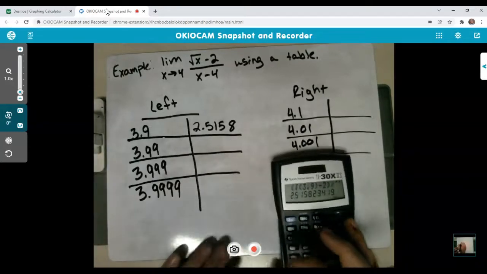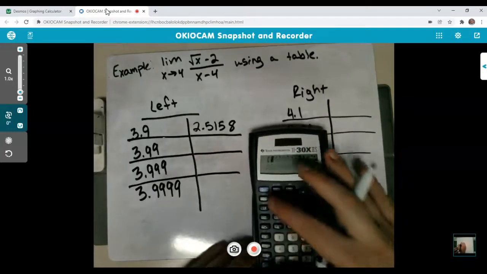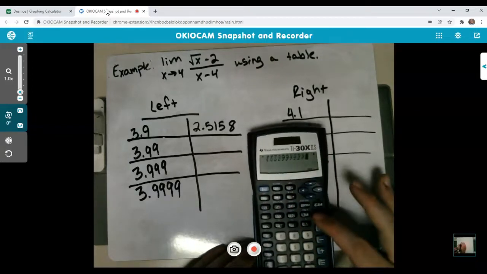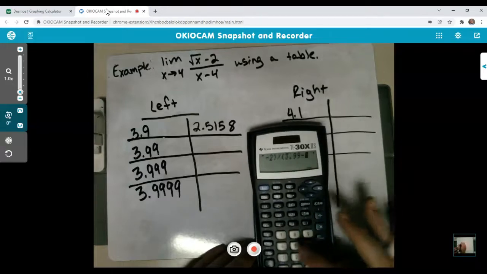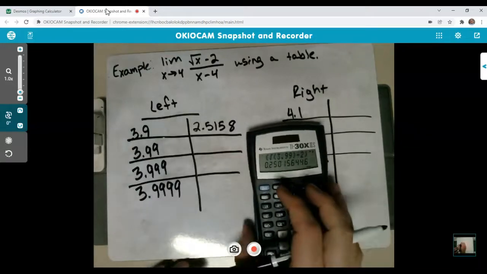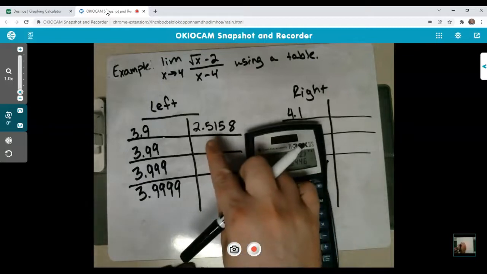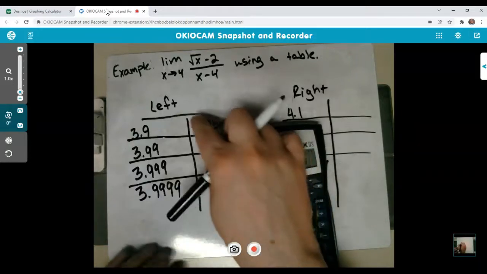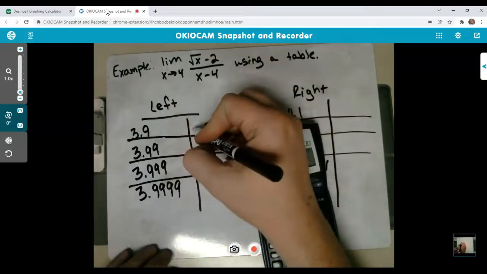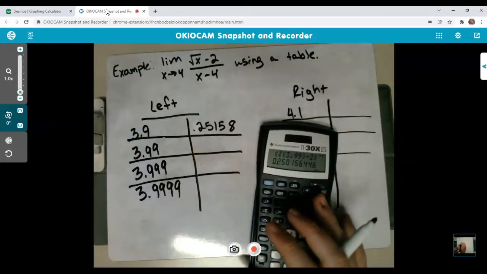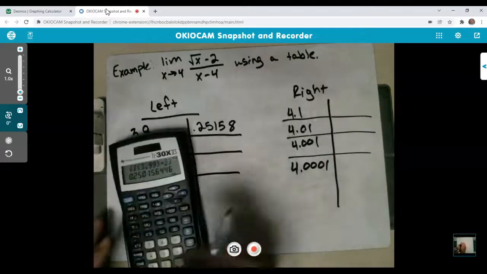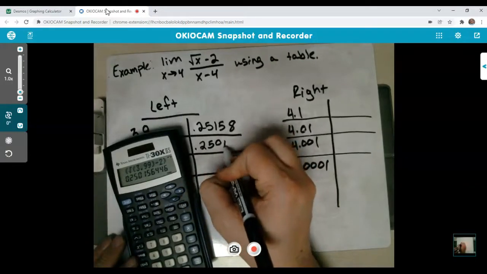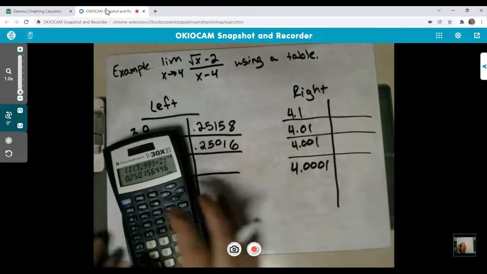Did I really get 2.5 there? I feel like that wasn't right. That's really big. I think it should have been 0.25. I think I wrote it down wrong. 0.25158. That's way better. All right, let's plug in 3.99. So that's going to be square root of 3.99 minus 2 over 3.99 minus 4. We got 0.2501. That would round up to 6.